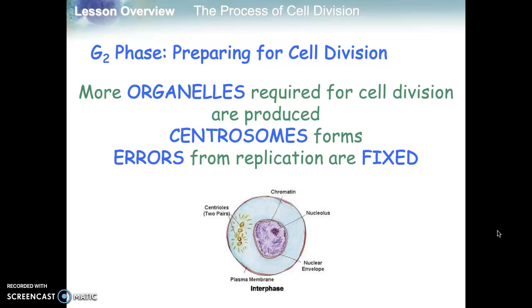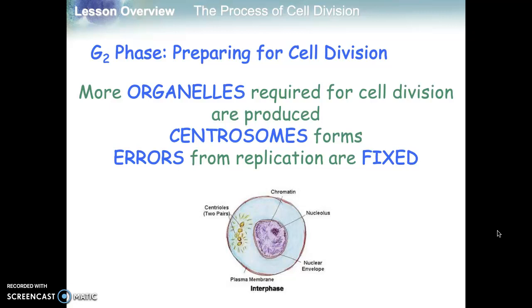Another thing that happens here is that any errors from replication are fixed. When DNA copies itself, sometimes there are errors that occur. There is a checkpoint here that the cell must go through during G2, and if it locates any errors, it will fix them.